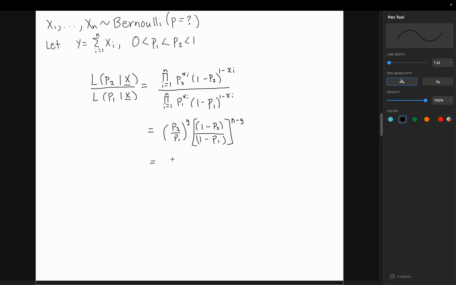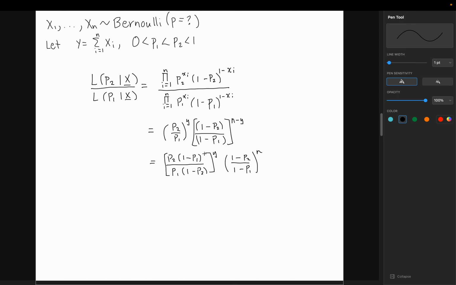A little bit more rearrangement, and I have p2 times 1 minus p1 over p1 times 1 minus p2, all of this to the power of y, and then times 1 minus p2 over 1 minus p1, and that is to the power of n.